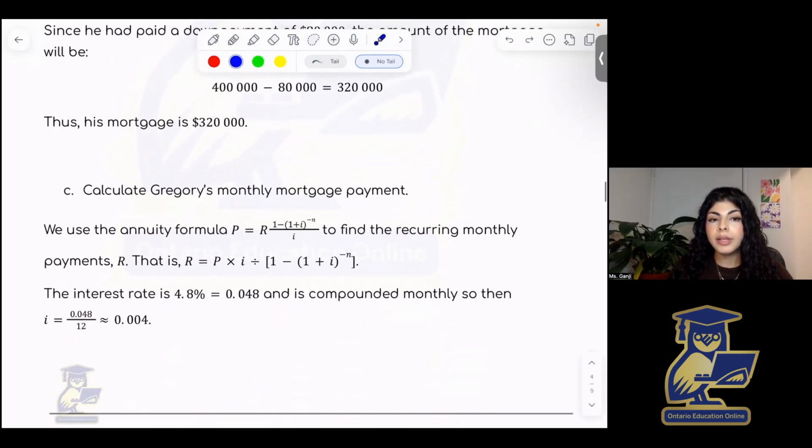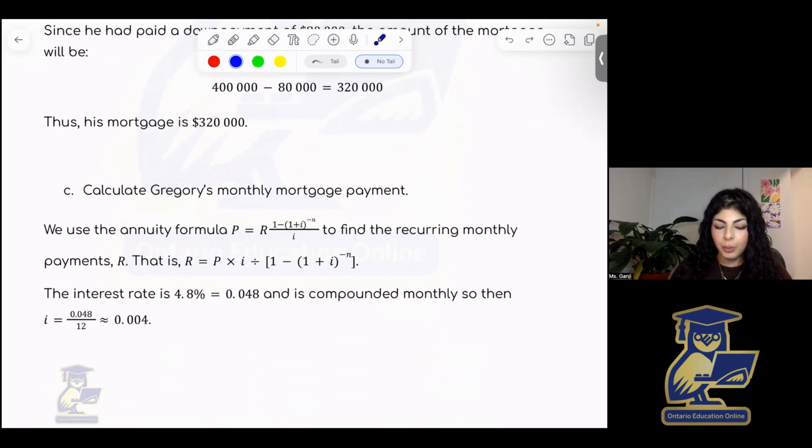Now, calculate Gregory's monthly mortgage payments. Here we have the present value, which he has to pay off, which is the $320,000. And we want to find the monthly payments, which, remember from this formula, we are looking for R. So I can already rearrange this to set up for R. R is equal to P times I divided by this numerator here.